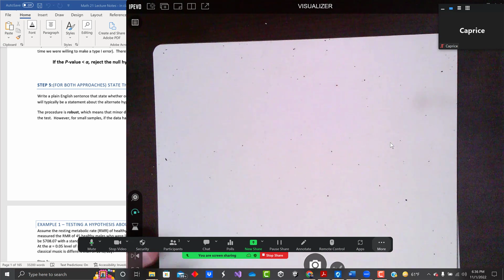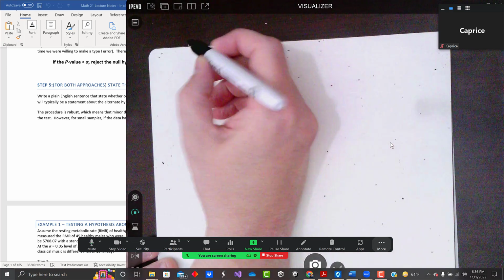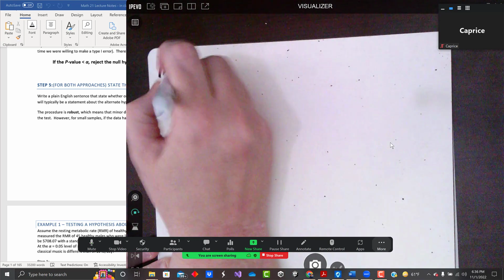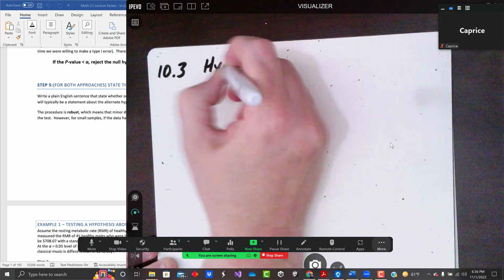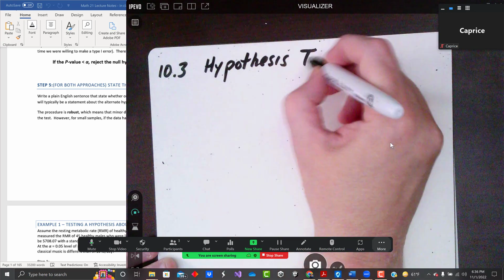It's fall of 2022 at College of Sequoias, and we are working in our book. It is 10.3. This is on hypothesis tests for a one mean sample.